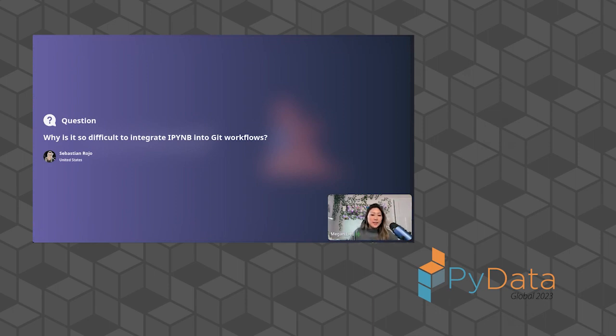Sure. So why is it so difficult to integrate Git into Git workflows? What we were finding here at DeepNote is that those Python files, when you upload them to Git, are very static pieces of document that, yes, are brought into those Git workflows, and that's supposed to facilitate collaboration, but that collaboration is done in a medium that is outside of where that Python coding is happening in those files.